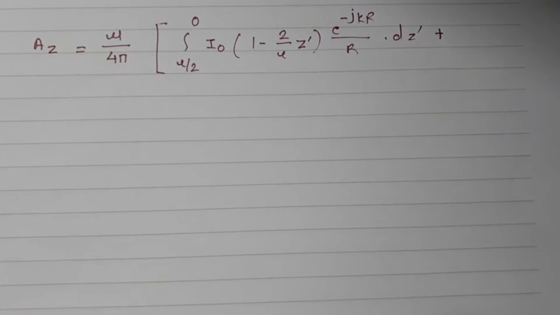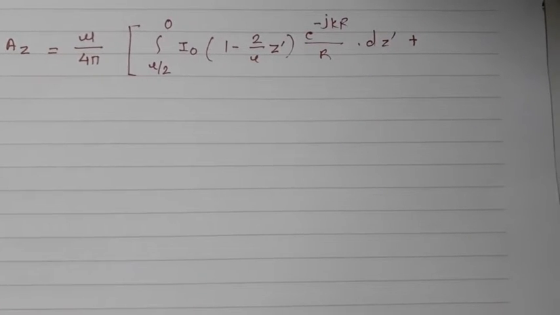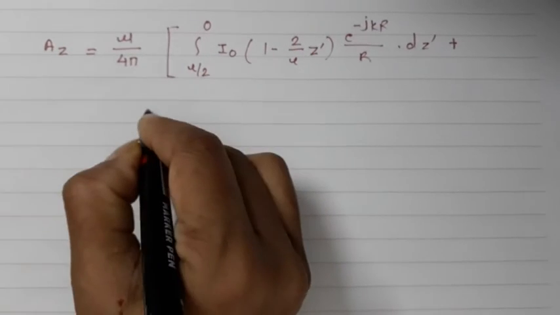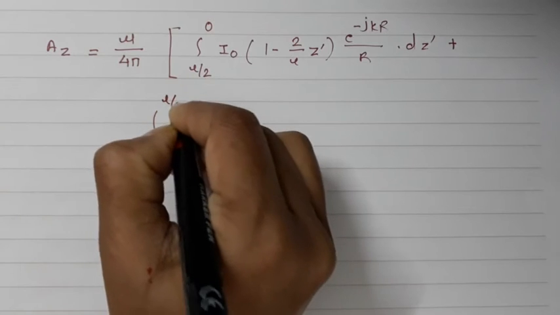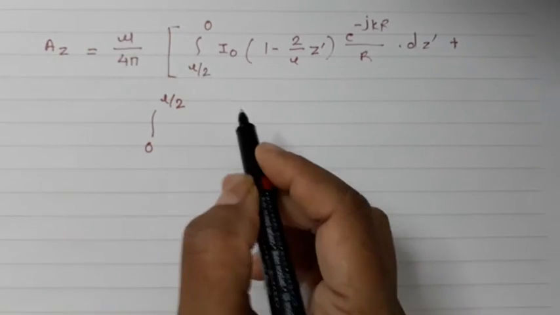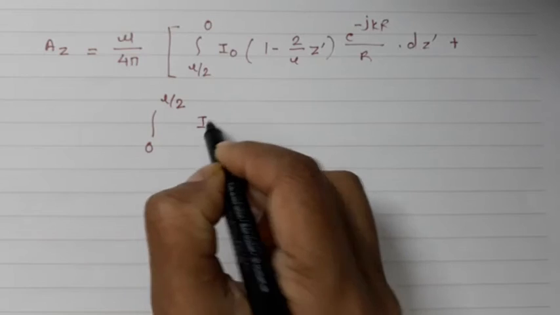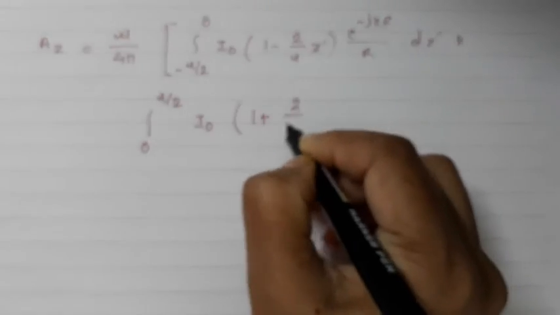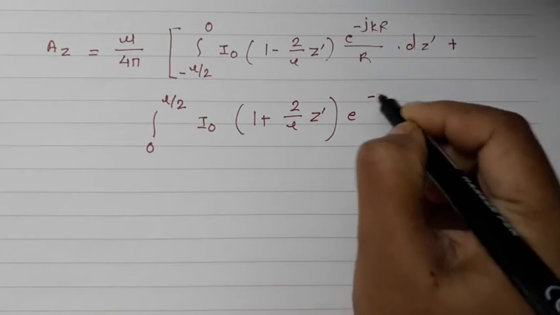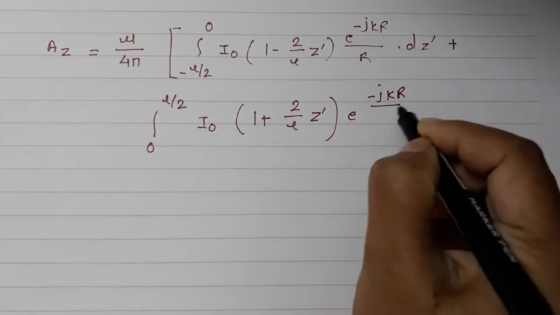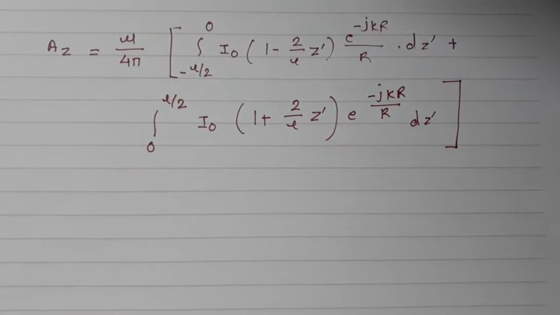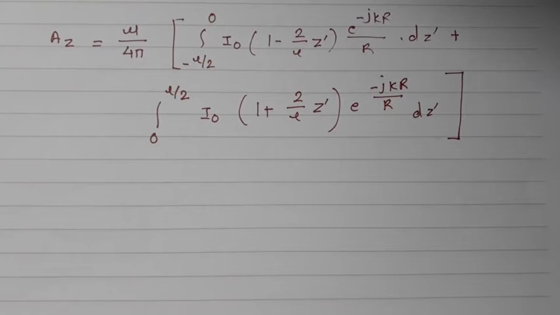Now if I see another current distribution, it will be 0 to L by 2, and this will be I0, and here it will be minus L by 2 to 0, and 0 to L by 2, this will be (1 plus 2 by L z dash) e raised to minus jkr divided by r dz dash. So I have integrated with respect to two integrations. Now two limits I have to put over here as the current is not the same.